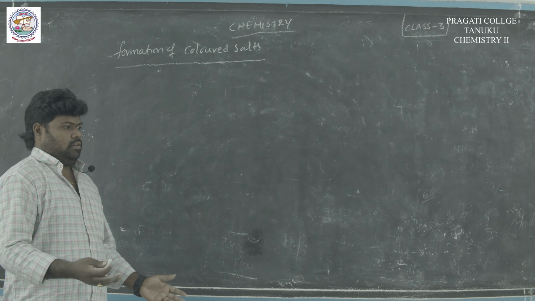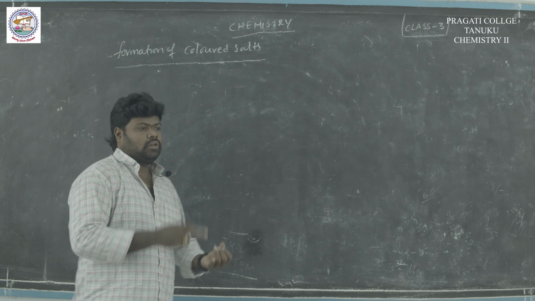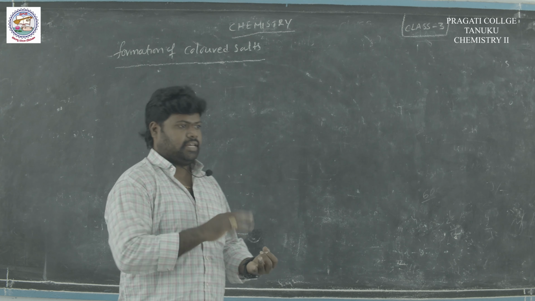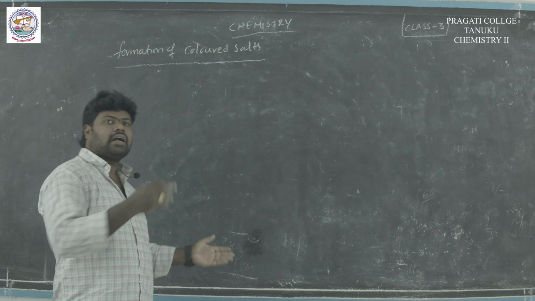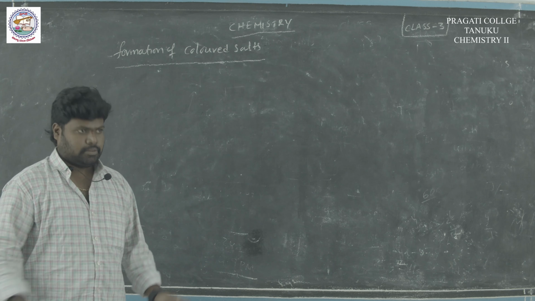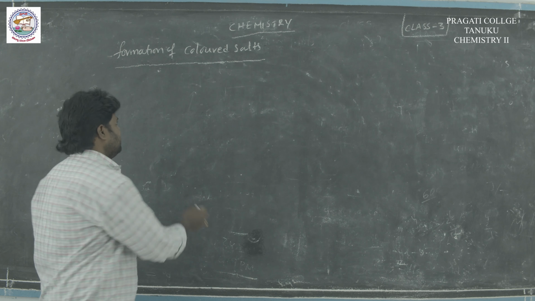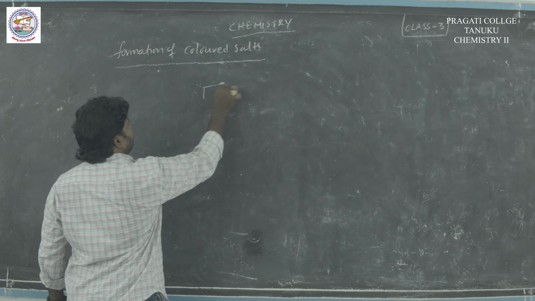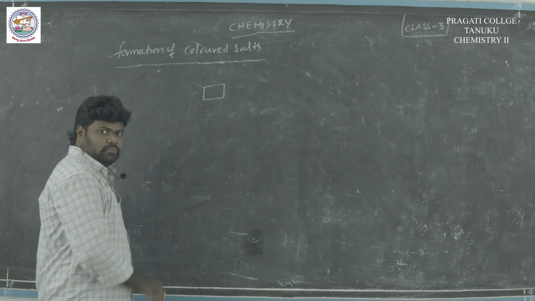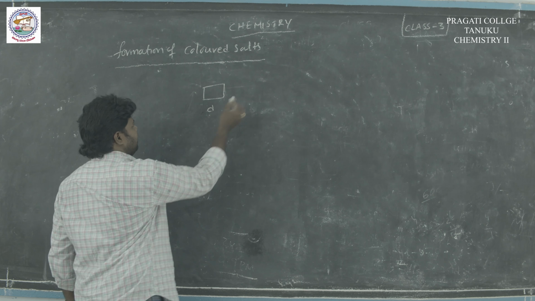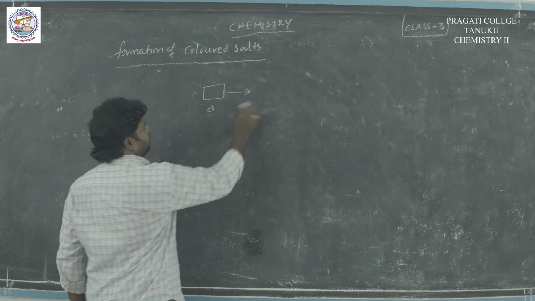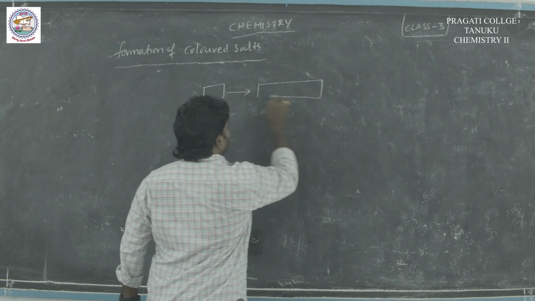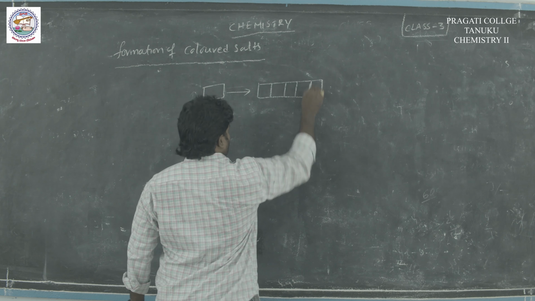Sir, empty orbitals or vacant d orbitals are there, and unpaired electrons are there, but how is color exhibited? First of all, listen clearly. First, the d orbital is split up into 5 d orbitals.